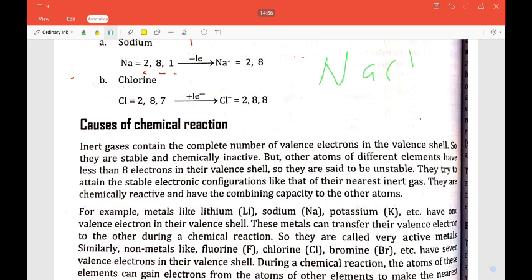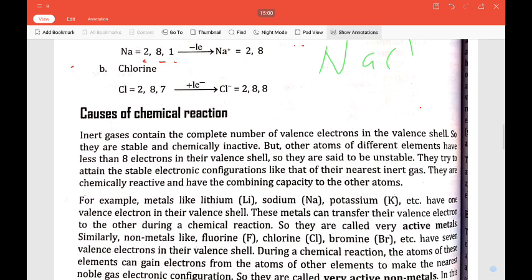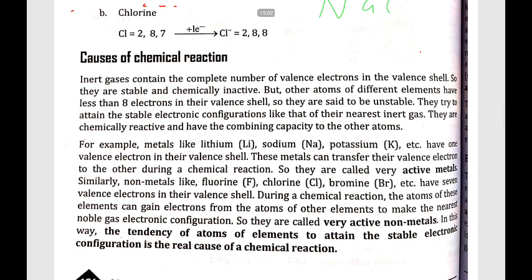Students, now let's discuss the next thing, the causes of chemical reaction. A chemical reaction is defined as a chemical change in which there is a combination of atoms, or displacement of atoms, or decomposition of a compound.